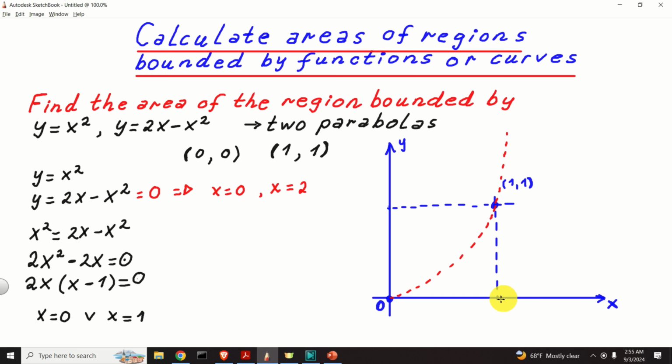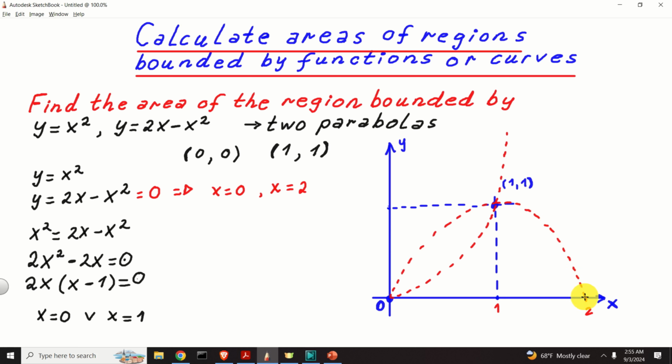Consequently, if this is 1, this function will have 0 over here too. And consequently, it's going to look somehow like this. And here, we already know that the intersection point between these two functions is actually at 1, 1.